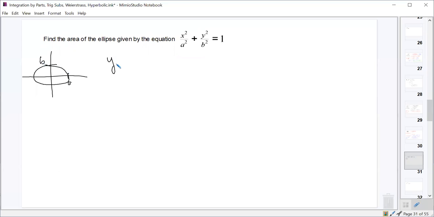So we're going to put this in terms of y. What does y equal? It ought to be 1 minus x squared over a squared, times b squared, all inside of a square root, if we solve that for y. Everybody agree with that?